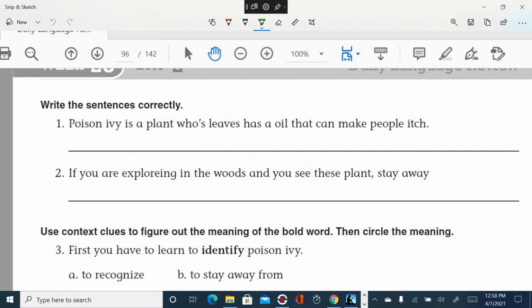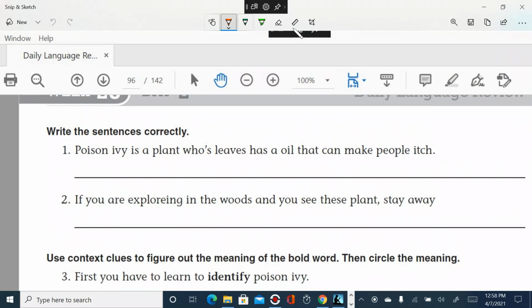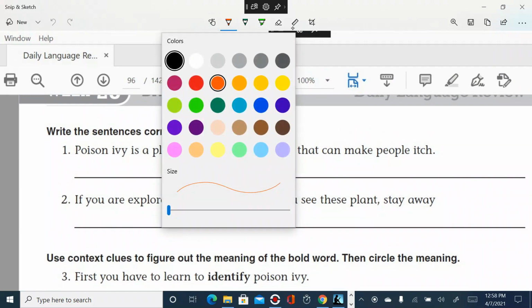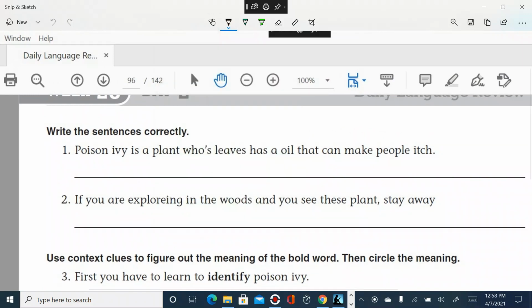That's not right. It's a contraction, who is. All right, Dale, what do you think? Poison ivy is a plant whose leaves... It's going to be whose, but we've got the wrong version of whose.